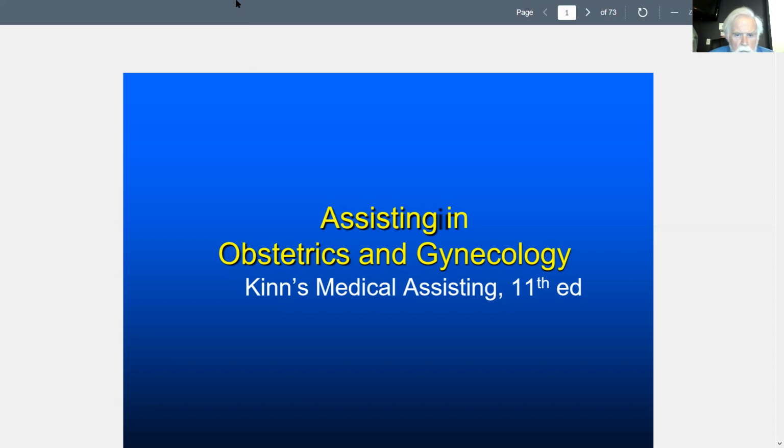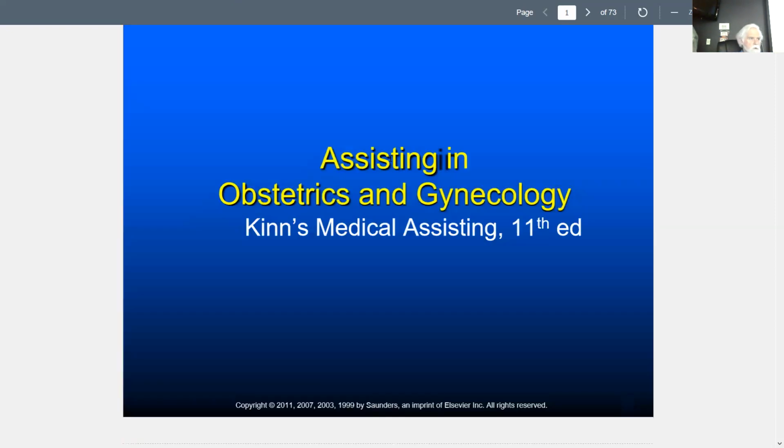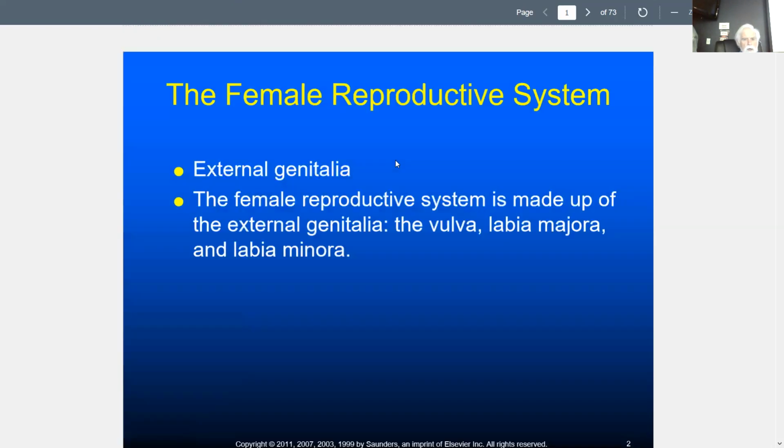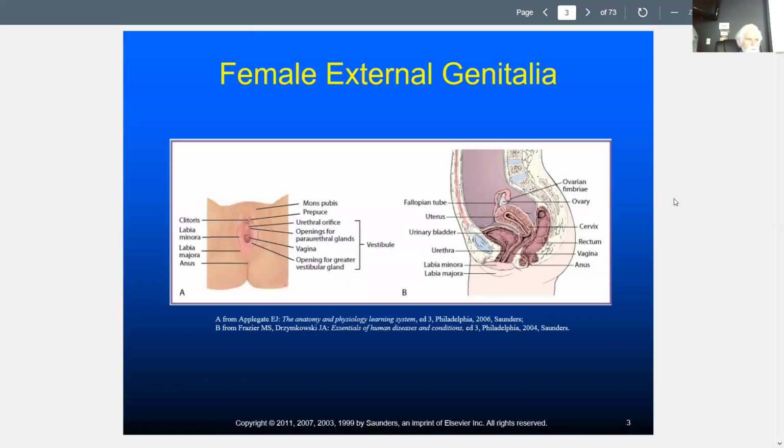Okay. So this comes out of an older text we used to use here for medical assisting. And we're going to talk about the female reproductive system first. I'm going to go through this. You guys can pull this up and look at it on your own later on.